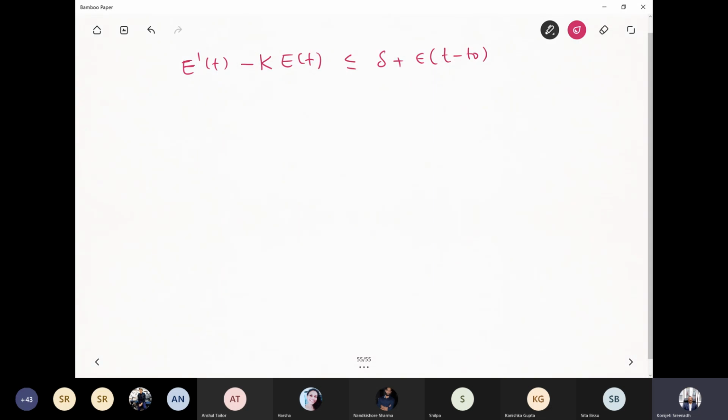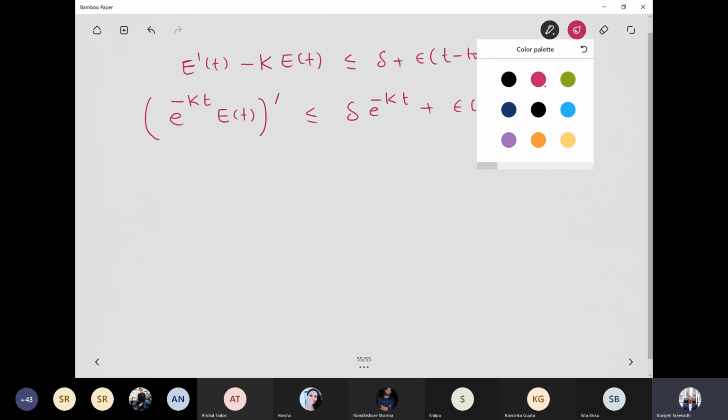Now the idea here is to make the left hand side an exact differential. Therefore you multiply by the exponential of minus k t, and the derivative of E(t) times e power minus kt is going to be your left hand side. The right side remains the same: delta e power minus kt plus epsilon (t minus t naught) into e power minus kt.